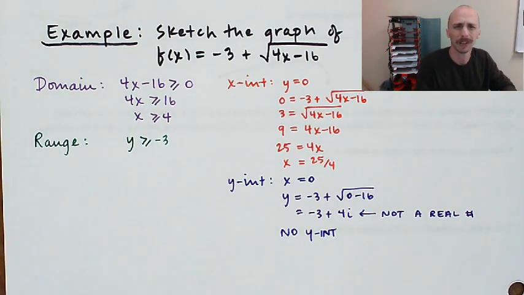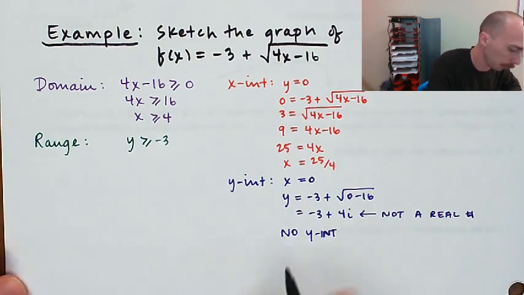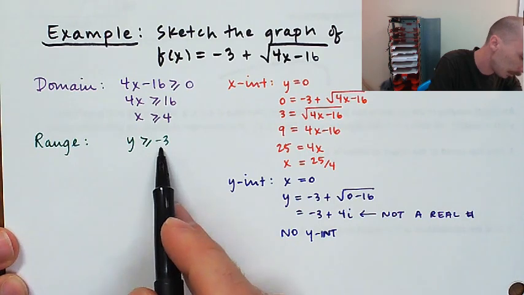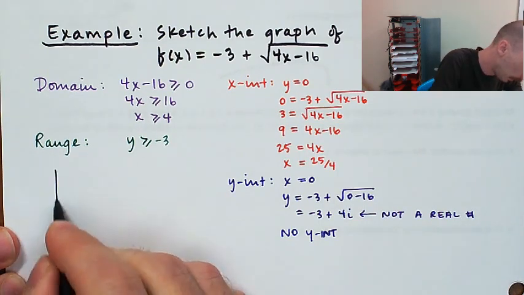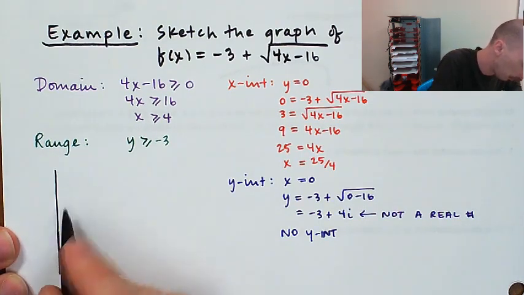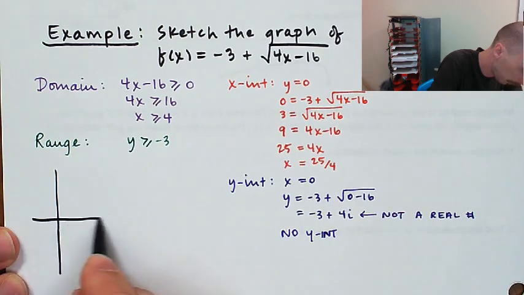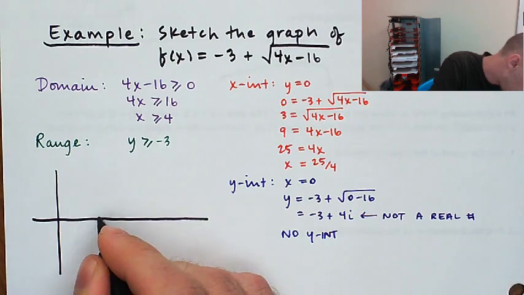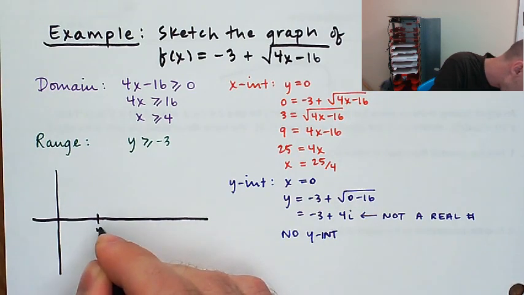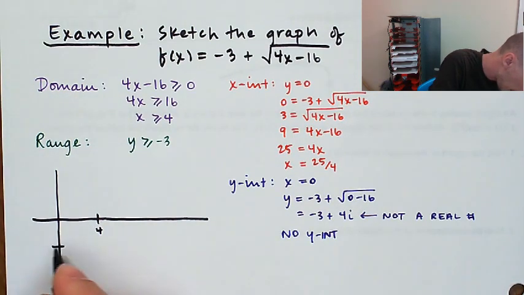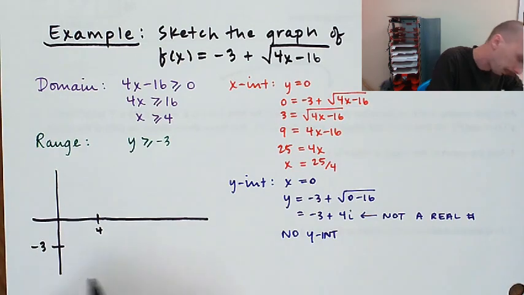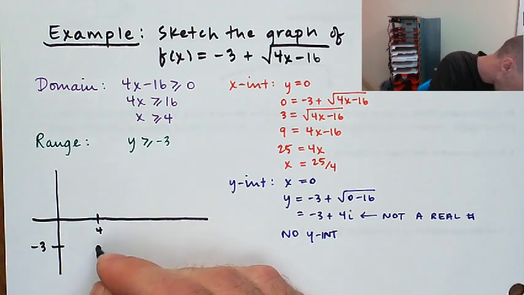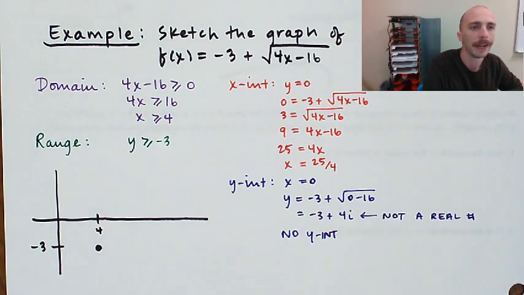You might ask, how can a graph not have a y-intercept? Well, let's just draw this. I need the point (4, negative 3), so that's in the fourth quadrant. I'm going to favor the first and fourth quadrants in my sketch. That's the edge of my domain, so that's the dot there.